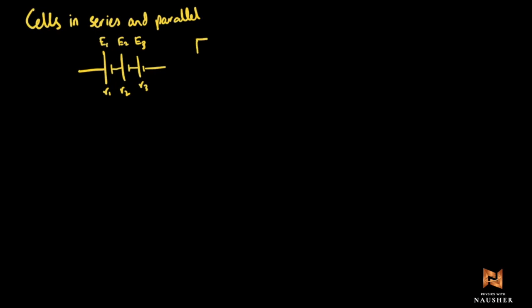And I ask you, what is the total EMF? So you'll say all cells are supporting each other, so EMF will be E1 plus E2 plus E3. If I ask you, what is the internal resistance? You'll say total internal resistance would be R1 plus R2 plus R3, right?